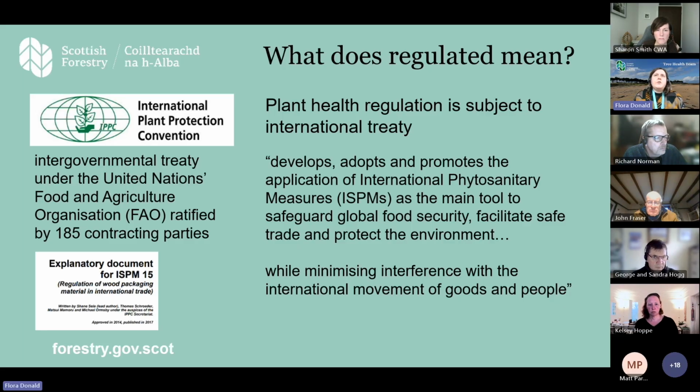It's to make sure that if we're accepting plants or timber or wood packaging material, anything like that, the country it's come from is certifying that particular pests and diseases aren't present, or is surveying enough to make sure that they can say what level of presence or absence there is, and they are adhering to phytosanitary measures that pre-treat the material, so it's really unlikely that we would be importing anything with a pest or disease.